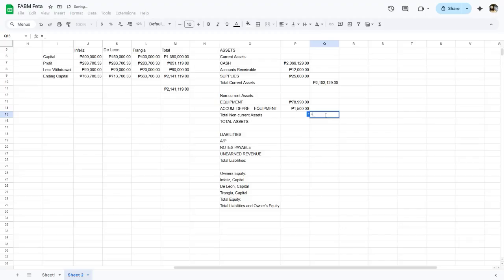Since accumulated depreciation of equipment is a contra asset, we subtract these two, and our total non-current assets would be this. Then our total assets is just adding this and this.